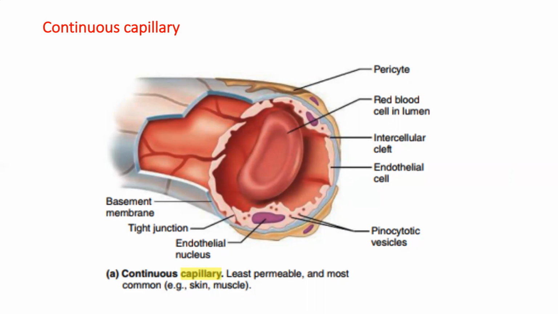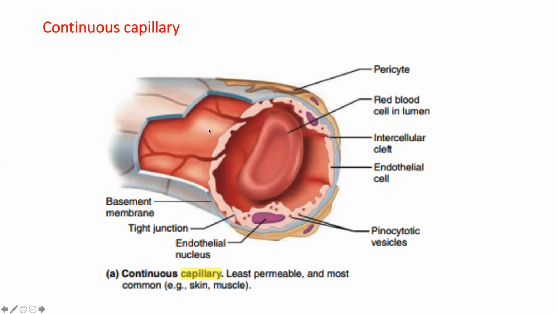But of course, in the blood vessel, we call it endothelium. As you can see, multiple endothelial cells connect together to form the wall of the capillaries. And you can see the junction between the cells.